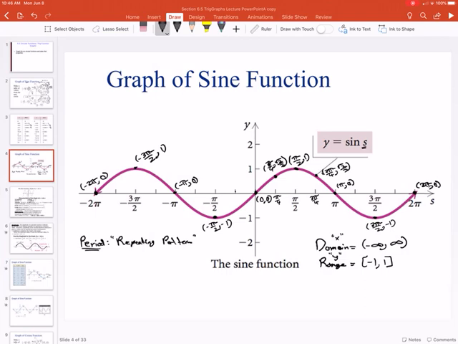And you can see this wave here, for example, if you go from -2 pi all the way to 0, that's the same as we have from 0 all the way to 2 pi. So every 2 pi, this sine wave repeats.